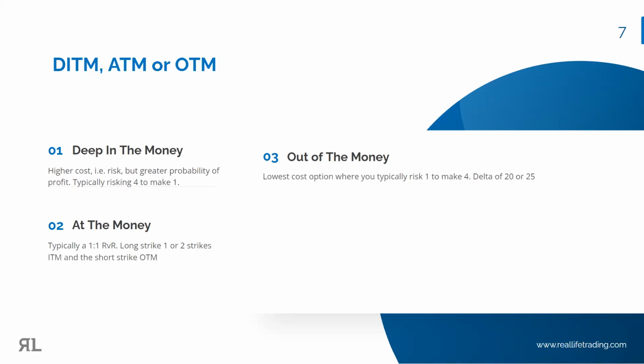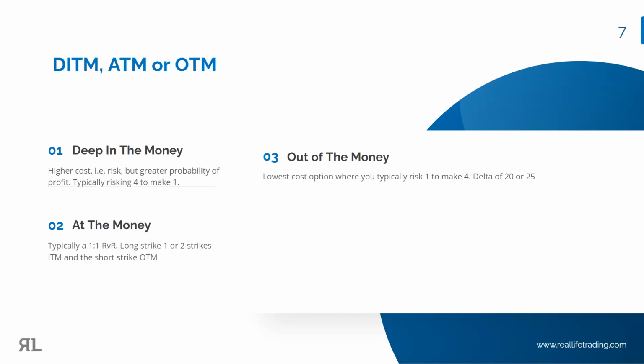So higher cost equals greater risk, but there's a greater probability of profit, meaning that it's more likely to be profitable than if you go at the money or out of the money. Okay. But you're typically risking 4 to make 1. Okay. And I'll give you examples. So it's not that much different than doing a credit spread. Okay.